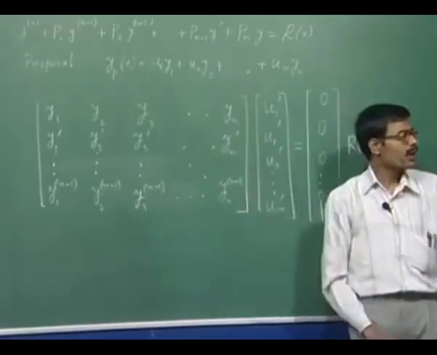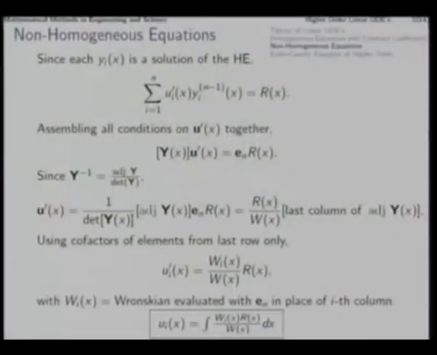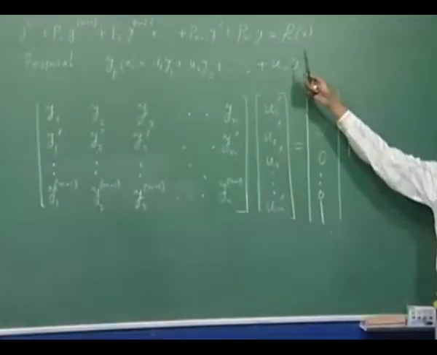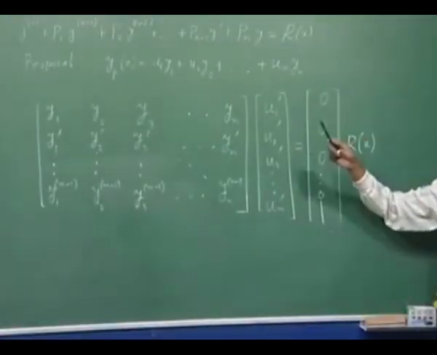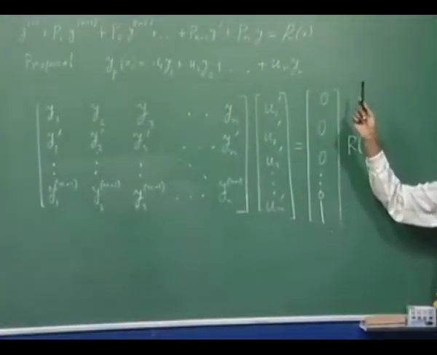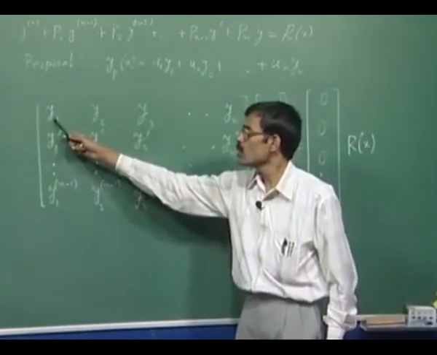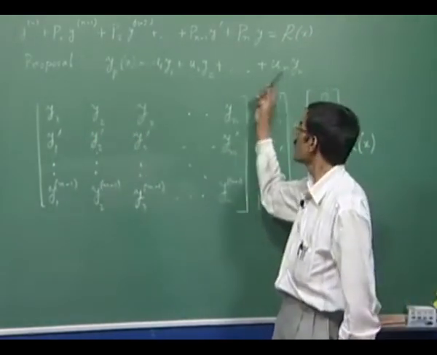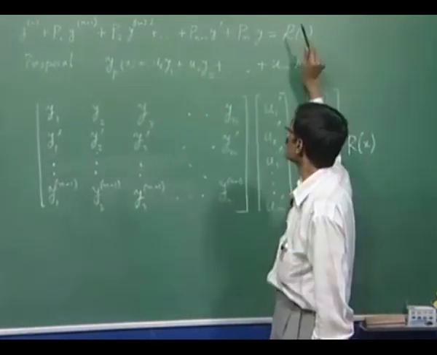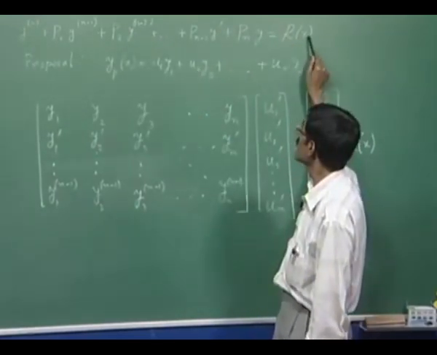So, this is the way we develop the general solution for a non-homogeneous equation: we first develop the general solution of the corresponding homogeneous equation by replacing the R with 0. From that we find the basis for all solutions of that homogeneous equation. That basis, y1 to yn, we use to propose a solution of the non-homogeneous equation including the R(x).